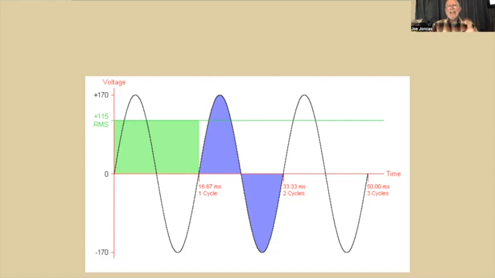If you're taking AC, which is purple, and you want to figure out what that would be in DC, it would be the green. That happens to be 115 volts RMS. If you take 170 and multiply it by 0.707, it'll come out 115.